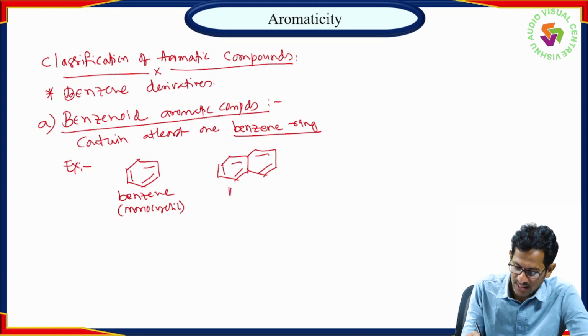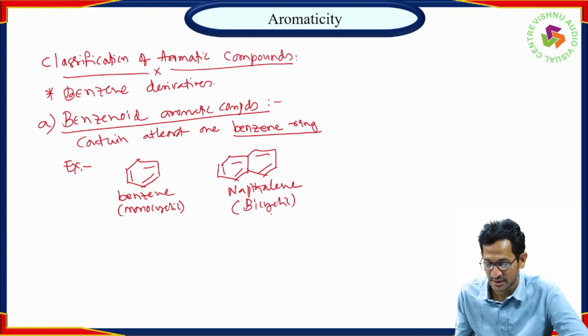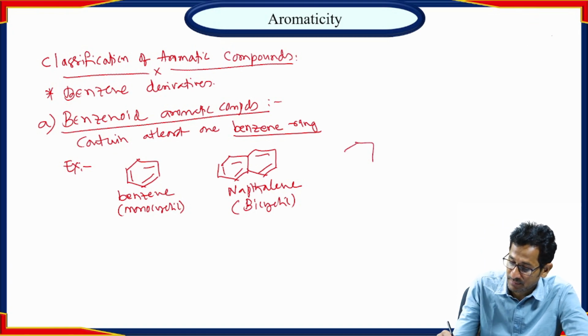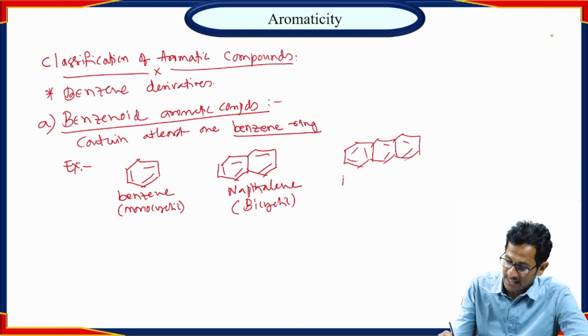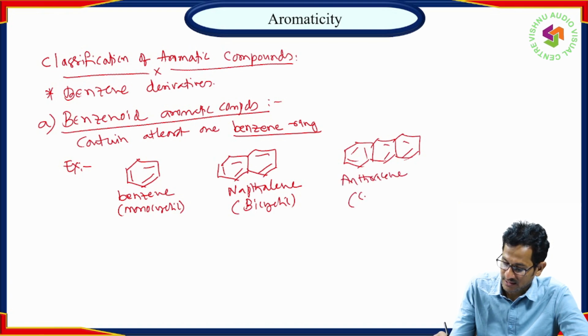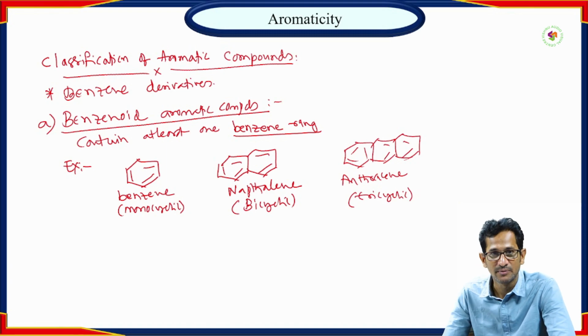Therefore, it is generally called naphthalene. Naphthalene is a bicyclic compound because 2 benzene rings are present. If I write 3 benzene rings fused, this is anthracene, a tricyclic compound. So, isolated benzene is a benzenoid aromatic compound.